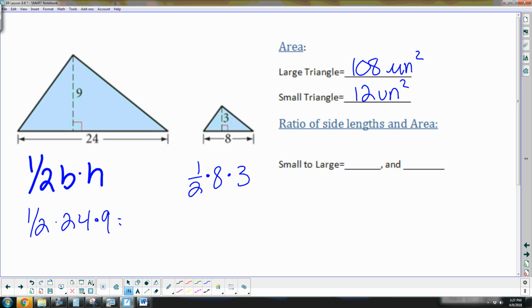Now let's look at the ratio of side lengths, and let's look at the ratio of area from small to large. We can pick either the base or the height. So let's pick the height just because they're smaller numbers. So small height to large height is 3 to 9 or 1 to 3. And then the area, the small area is 12, the large area is 108, which simplifies to 1/9.